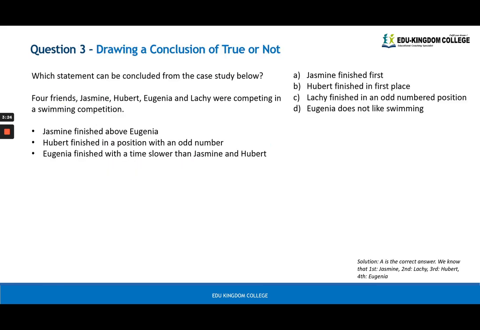Next question, we have 4 friends, Jasmine, Hubert, Eugenia, and Lockie. Jasmine finished above Eugenia. Notice I'm leaving spaces just in case people are squished in between. Then Hubert finished in an odd number, so Hubert could either be 1 or 3.